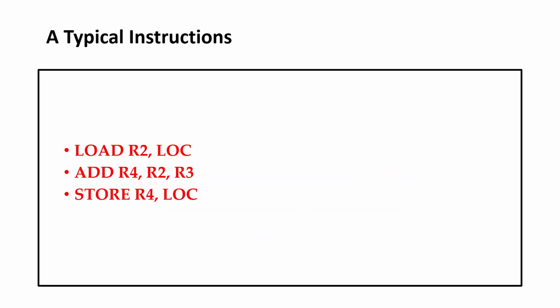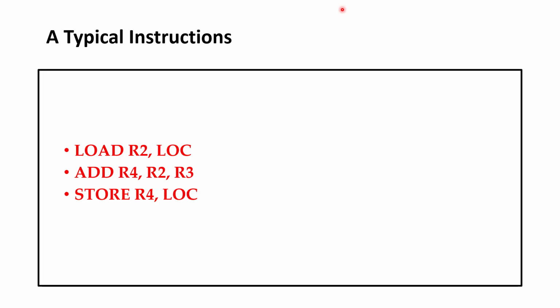Let us look at some typical assembly language instructions and understand how they execute inside the processor. The first instruction is load R2, LOC. Here, the CPU fetches the instruction from the memory into the instruction register.